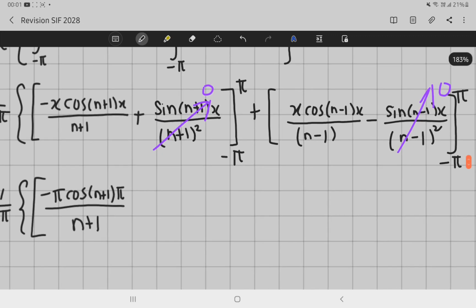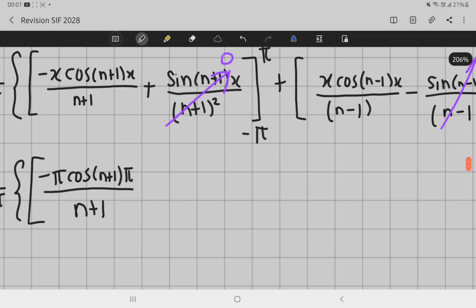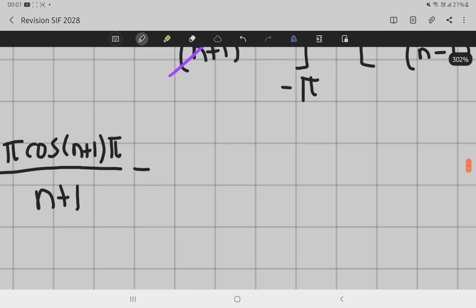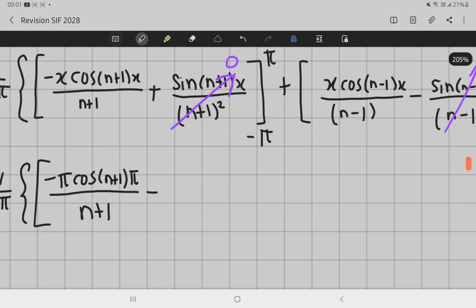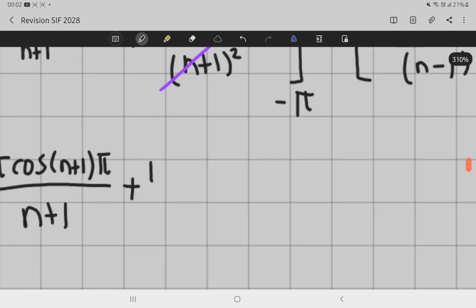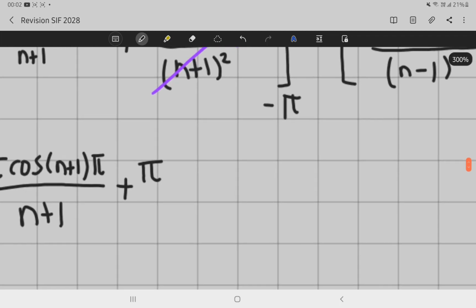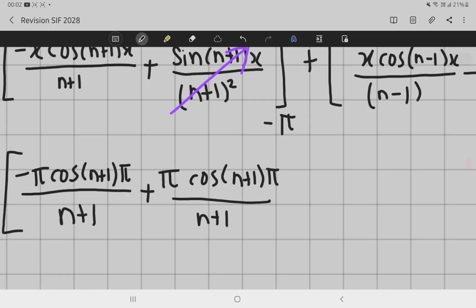So yeah, so minus minus pi, so plus pi cosine n plus 1 pi over n plus 1.